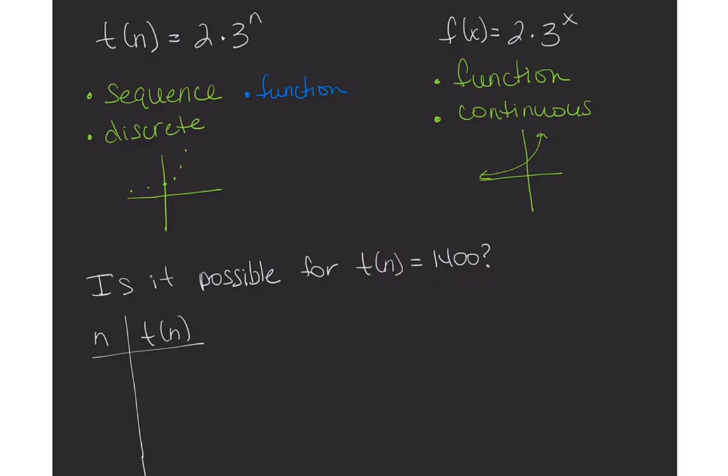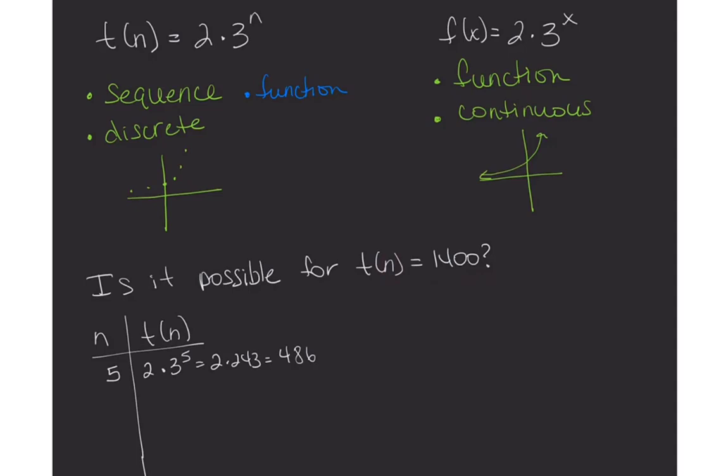What was that? 5? All right, we'll try 5. So what happens if I put 5 into my sequence? I would have 2 times 3 to the 5th. That's going to give me 2 times 243, which equals 486. So we're not quite to 1400.